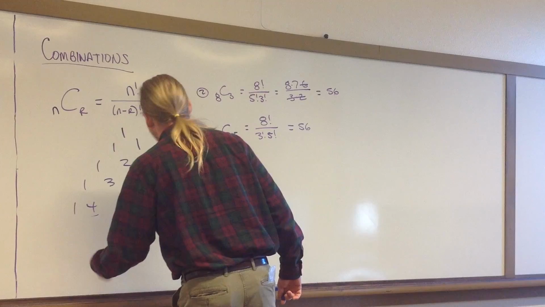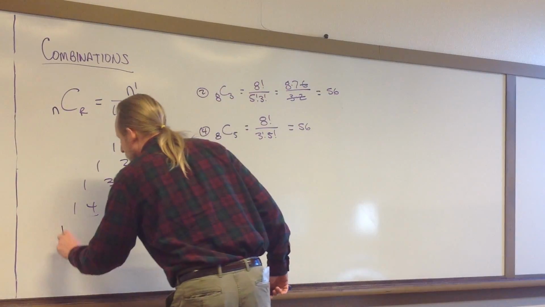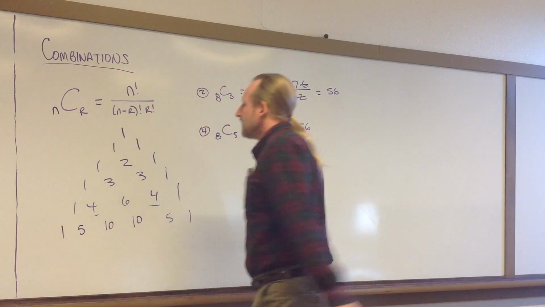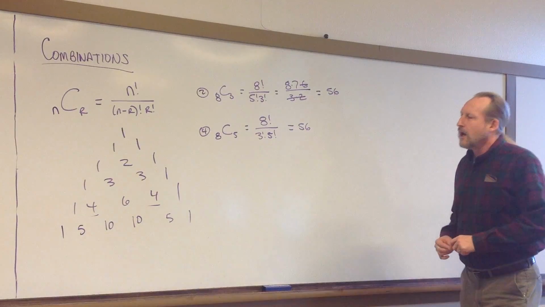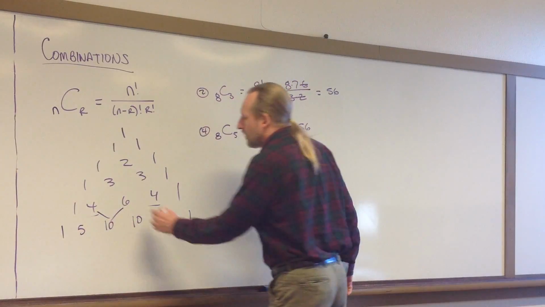Let's see, well, I'd have to go up to 8 to actually show this. I'm not really going to get there on the board, but you can at least see the symmetry in this. Pascal's triangle has a lot of interesting things going on. For one thing, in order to build it, you add these two together to get that one.